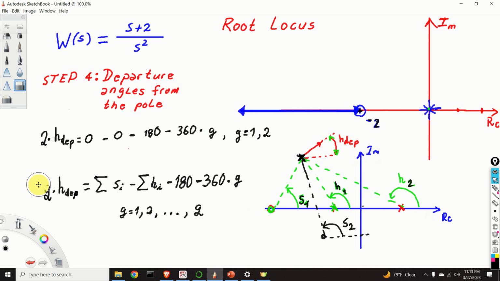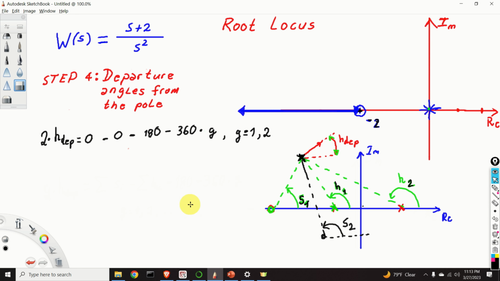Next, let's erase this general formula in order not to blur our graph or our sketch over here with too many details. And let's start substituting the values. We have two departure angles. Let's compute the first one. 2 times H departure 1 is equal to minus 180 degrees minus 360 multiplying G equal to 1.